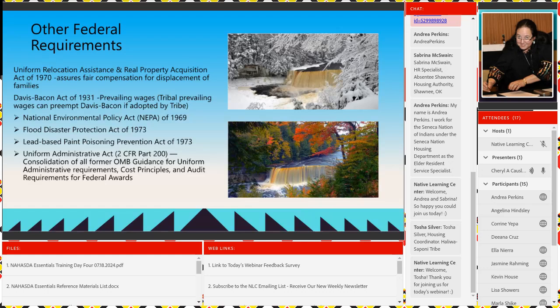So again, the Uniform Relocation Assistance and Real Property Acquisition Act of 1970, which assures fair compensation for displacement of families, okay? Sometimes I've seen people say, oh, let's buy that apartment building. Well, if the people in that apartment building are not low income or they're not native, you have to pay attention to this if you displace them by purchasing that.